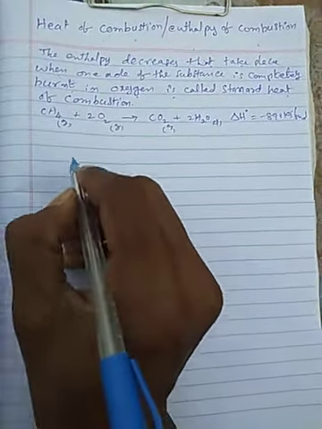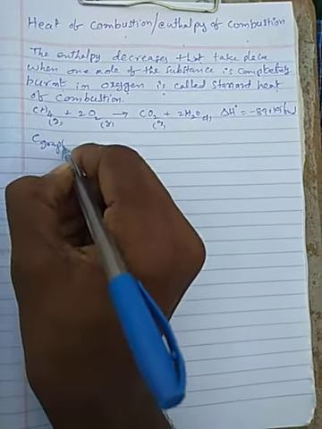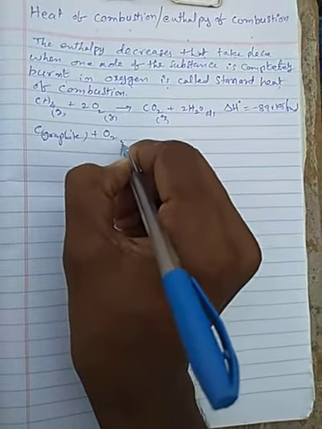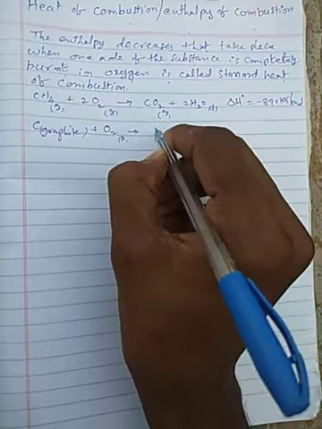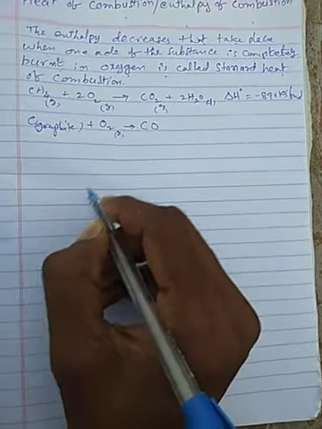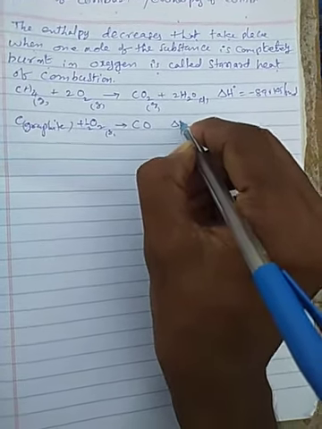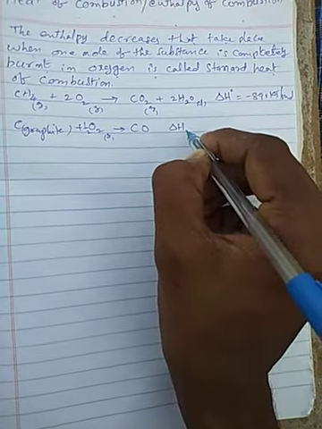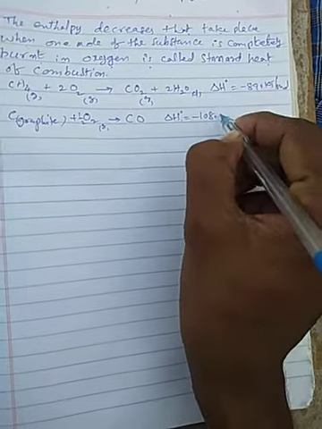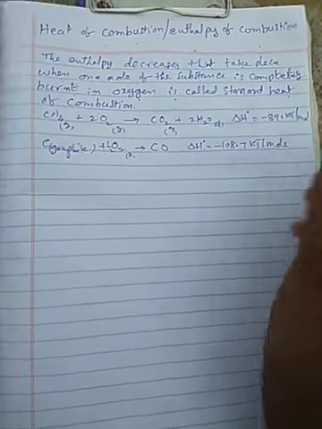Now similarly, if we see one more example, that is graphite. It is also in the presence of oxygen. After burning, it forms CO. Here also the heat of combustion, delta H naught, is equal to minus 108.7 kilojoule per mole.